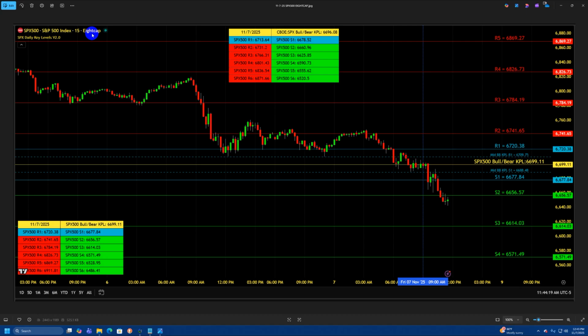This is a Forex CFD version of SPX that trades in the overnight as well as the pre-market, whereas the CBOE SPX index does not trade in the overnight or in the pre-market, and this official CBOE SPX index opens at 9:30 a.m. Eastern New York time.